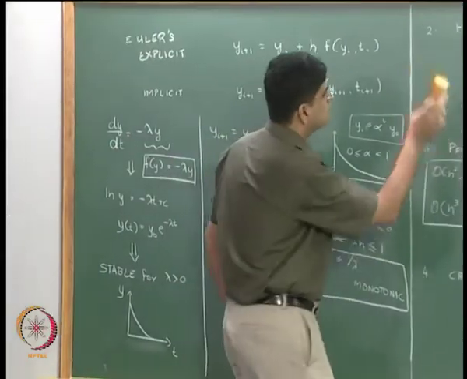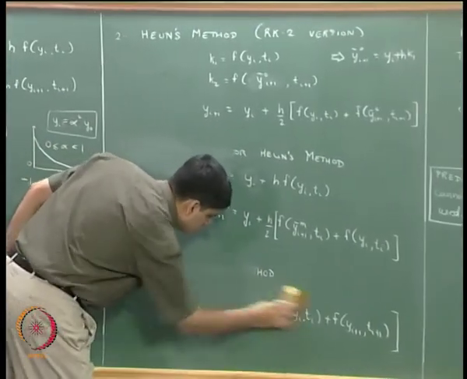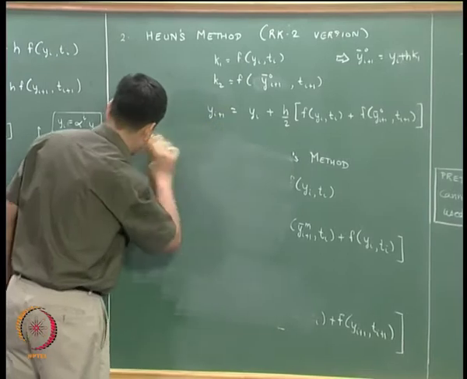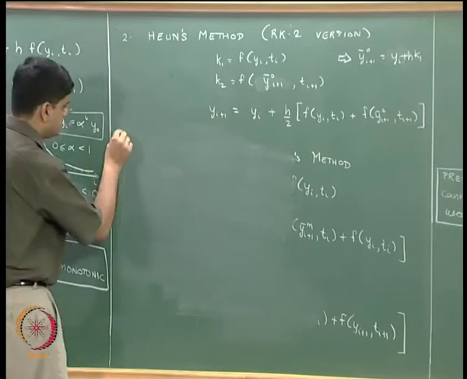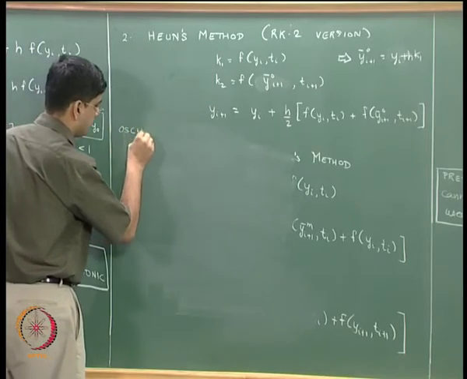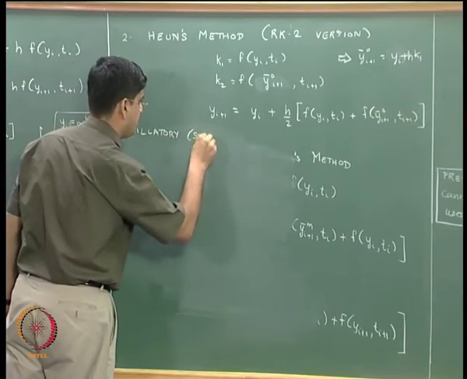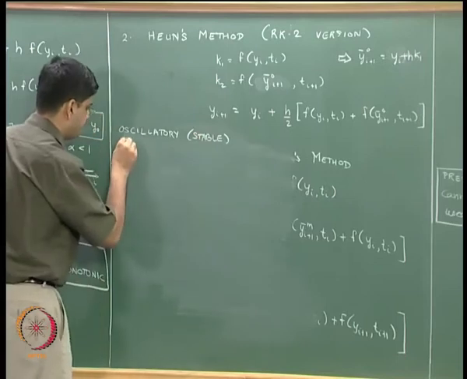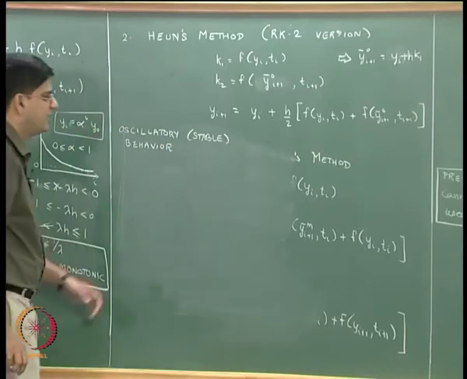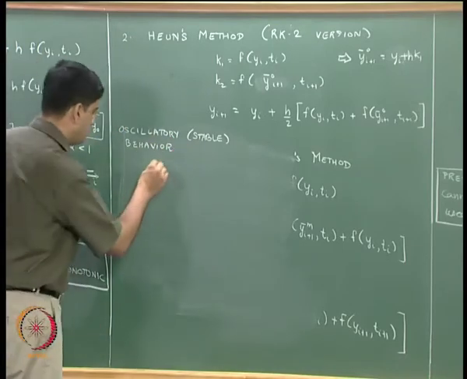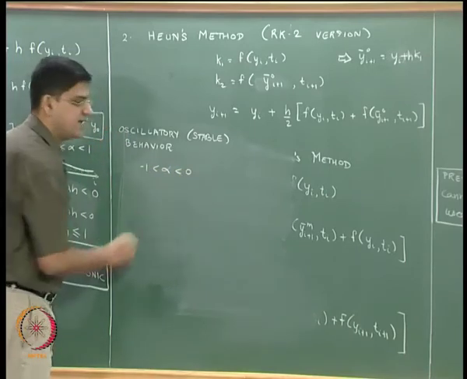Okay. Now, let us then consider the next question. When do we get oscillations? We will get oscillatory but stable behavior if alpha is less than 0 and greater than minus 1.